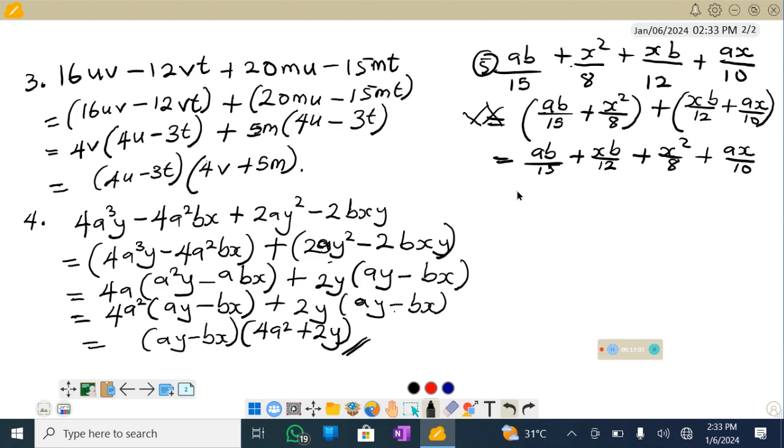You have to rearrange it. Just bring the third term as the second term, or bring the fourth term as the second term. That just solves that issue. So with what we have now, you open your bracket, AB over 15 plus XB over 12 into S squared over 8 plus AS over 10.